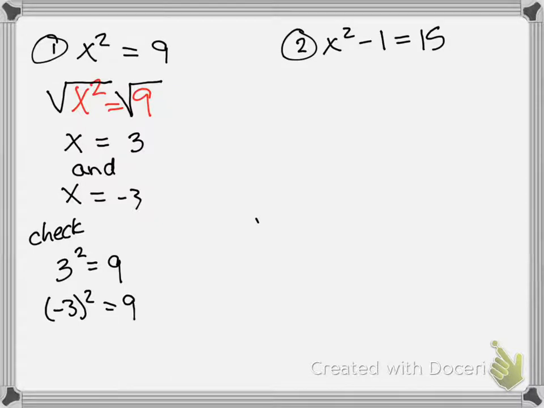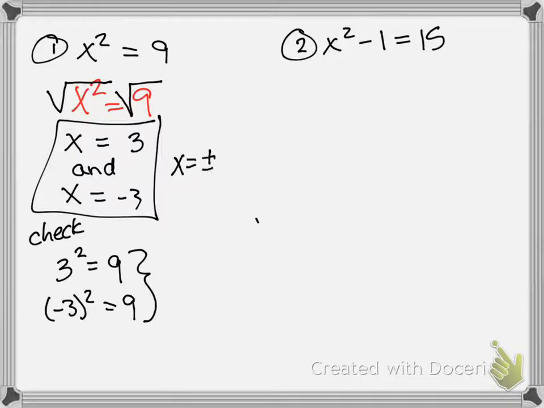So because of this, I need to include both a positive and negative answers. We have 2 different ways to write this. One is the way I just boxed, or you can write it as x equals plus or minus 3. So if you are going to write it that way, just make sure you remember that that symbol tells you there are 2 different answers, a positive 3 and a negative 3.